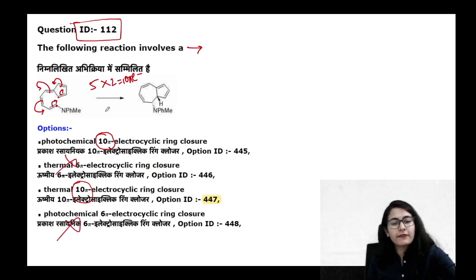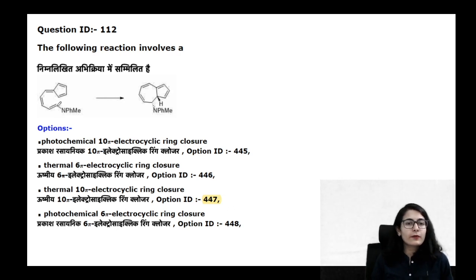Then we are going to write down what will be the stereochemistry. Now you see this hydrogen and this hydrogen, they are opposite to each other, and finally end up together. So these hydrogens which are opposite, they finally end up together. So how is the process going to be?